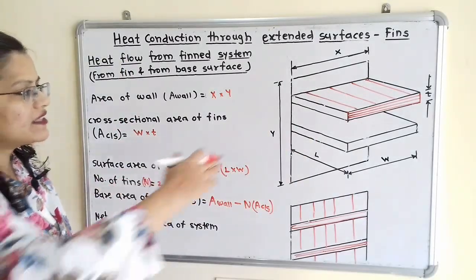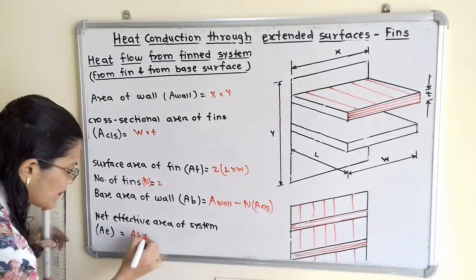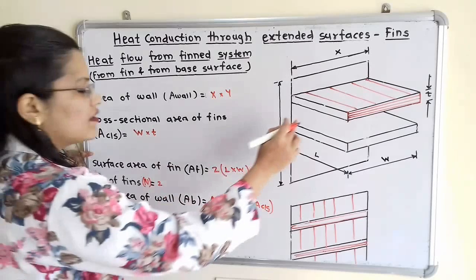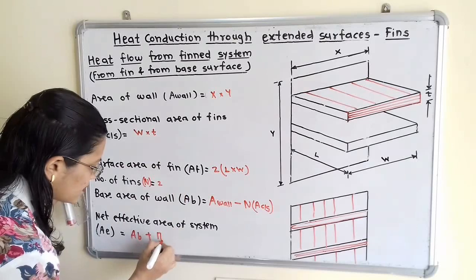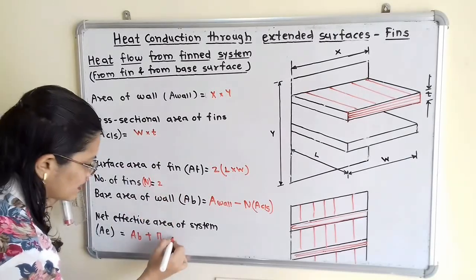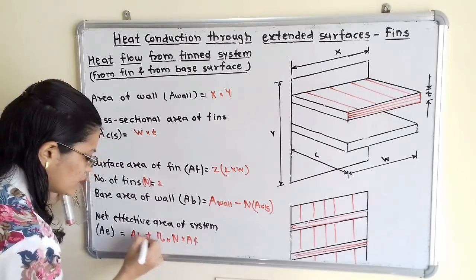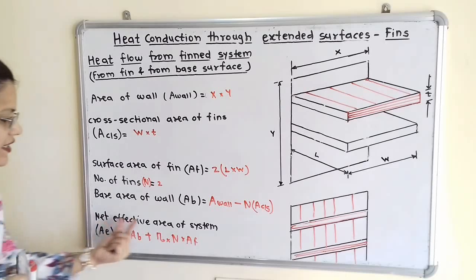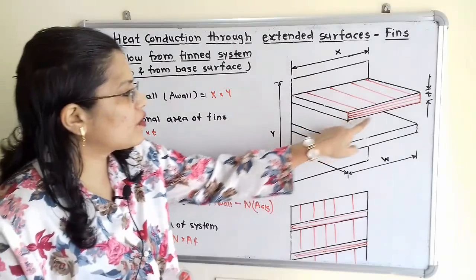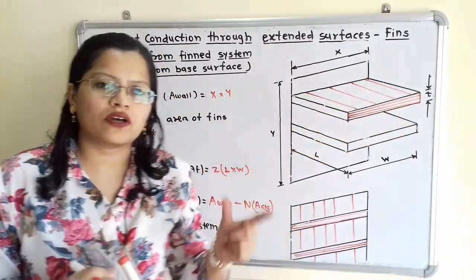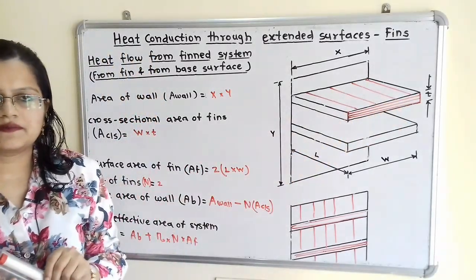So we have to add the bare area, that is AB, plus the surface area with the efficiency of fins. So I will multiply eta into the number of fins, N, multiplied by AF. So this is the formula for the net effective area of the system, with the given condition that at the end of the fin these fins are insulated, or no heat transfer is taking place from the tip of these fins.